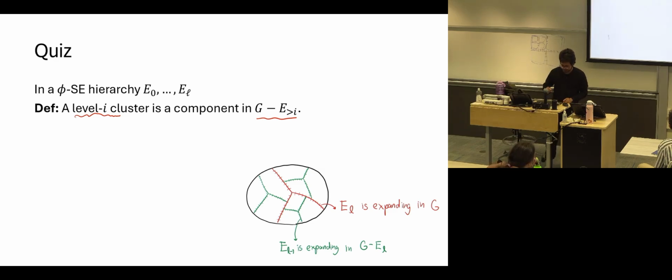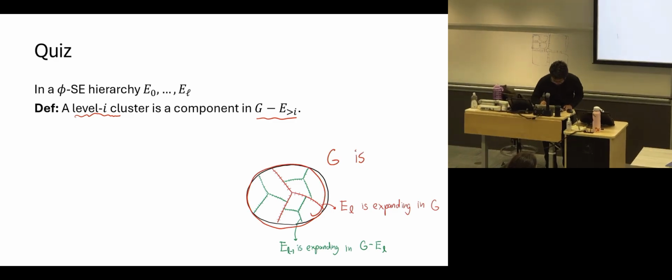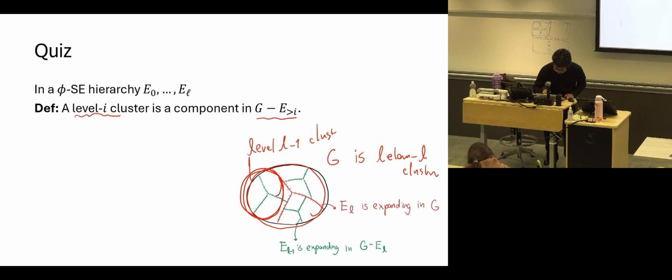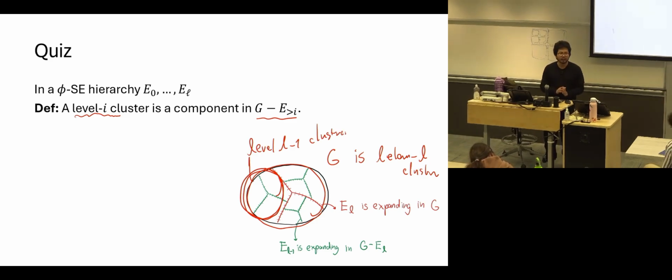So a graph G is a level L cluster, and this thing is a level L minus 1 cluster. Okay, so that's the terminology, right? And it makes sense.